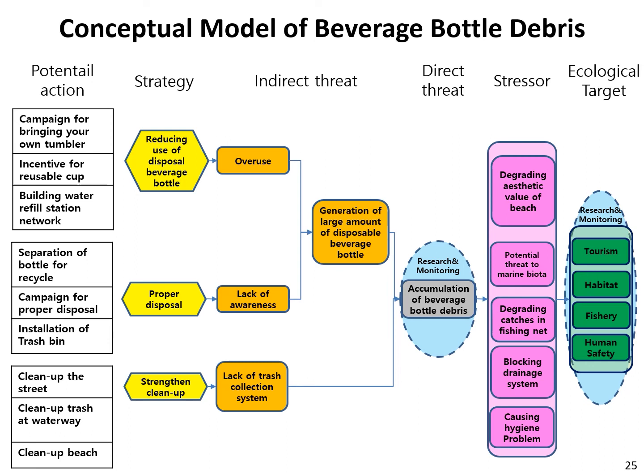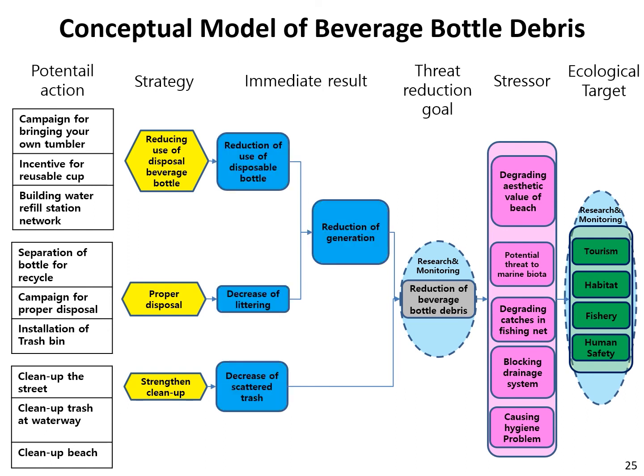It can cause degradation of aesthetic value of beach and potentially threat the marine biota, degrading catches in fishing nets, blocking drainage system, and causing hygiene problem. Those stressors are affecting ecological targets, including tourism, habitat, fishery, and human safety. With the result chain, we can check how the strategies result in immediately and consequently in threat reduction goal.